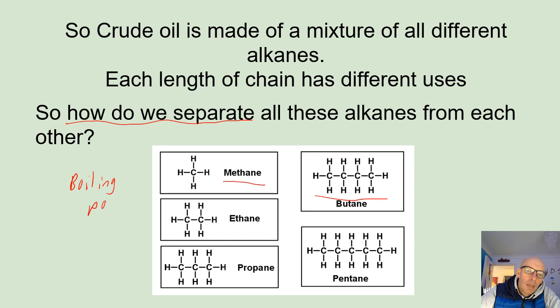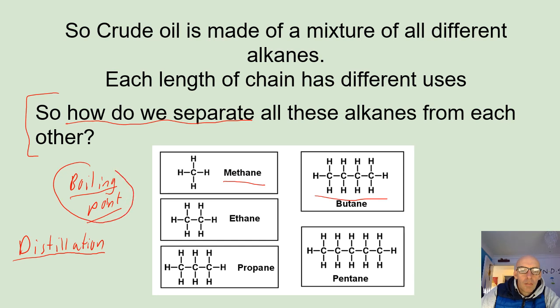The way we separate liquids from each other is liquids with different boiling points can be evaporated at different temperatures. And we call that process distillation. Right, worth making a note of this bit and the fact that the difference we're looking for in the different fractions is they have different boiling points, and we can use a process called distillation to separate them.